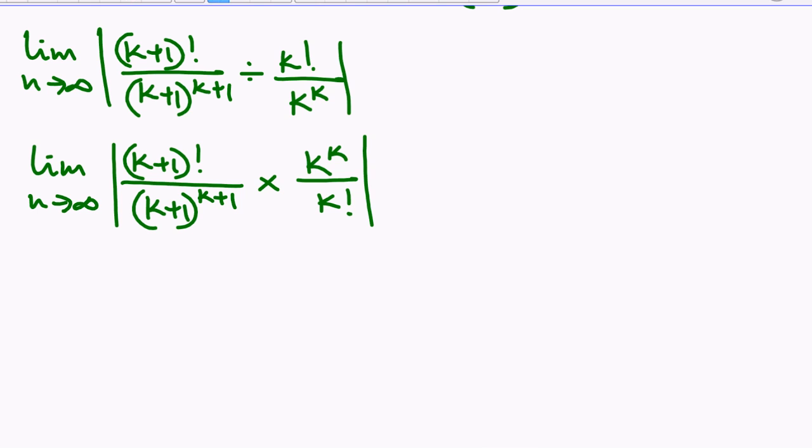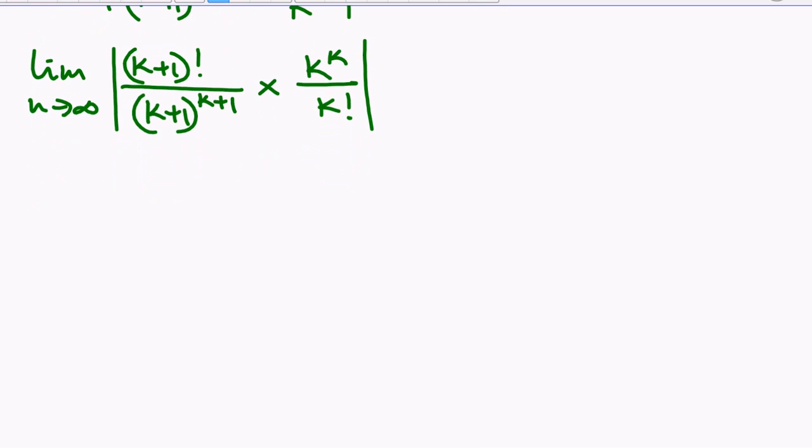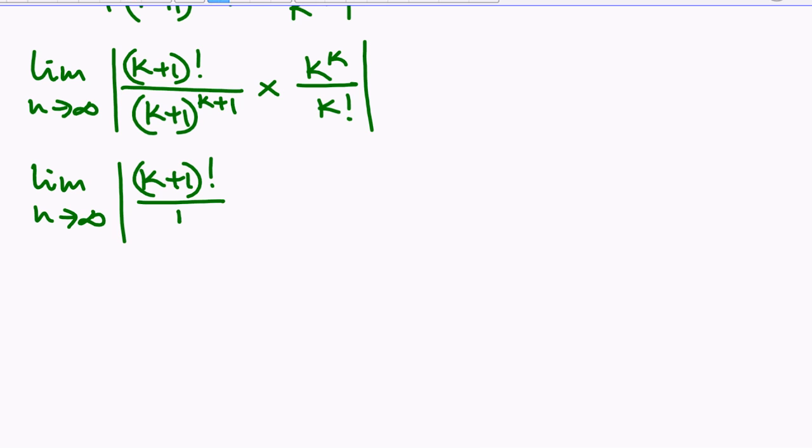Okay, and then what you can do is just rearrange this, guys, to make it easier for us to work with. So the limit as n approaches infinity of the absolute value of k plus 1 factorial over k factorial, multiplied by k to the power k over k plus 1 to the power k plus 1.